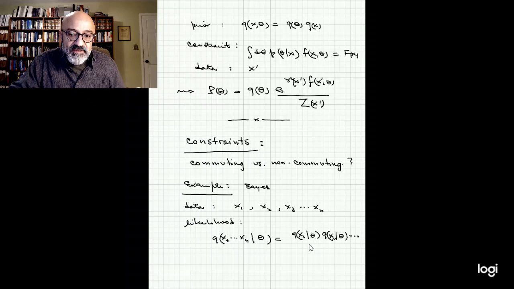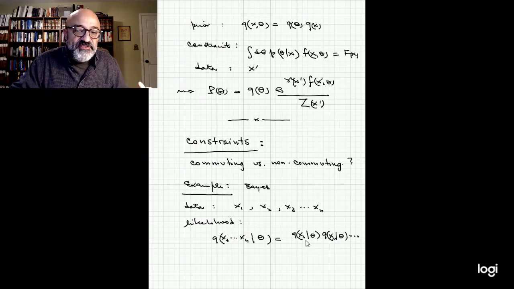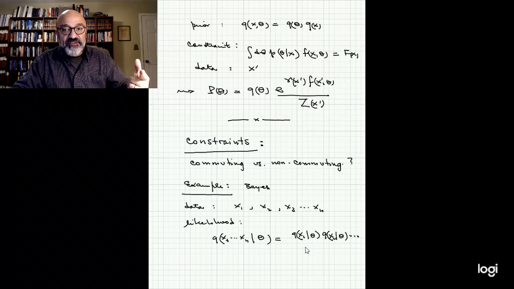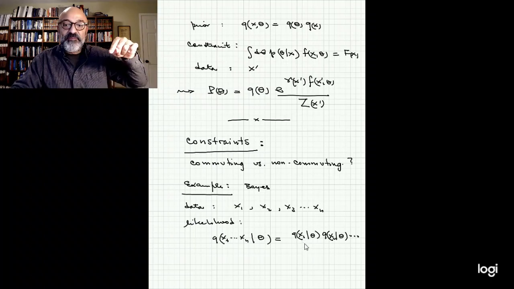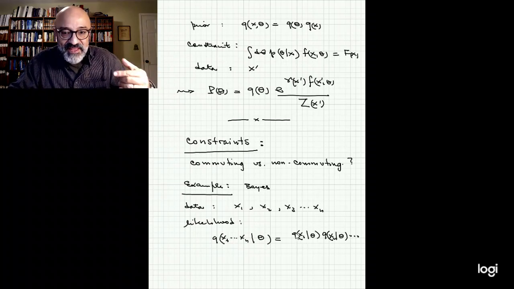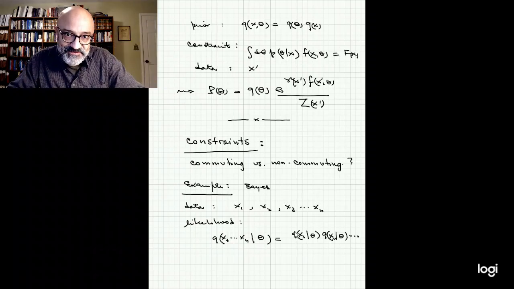In particular, it means that once you have the measurement x1, when you measure x2, that does not contradict the fact that in the first measurement, the result was x1 prime. Once you made the measurement of x1, you cannot unmeasure it.